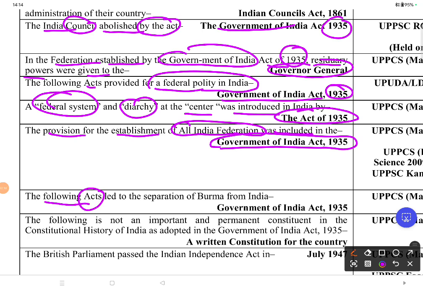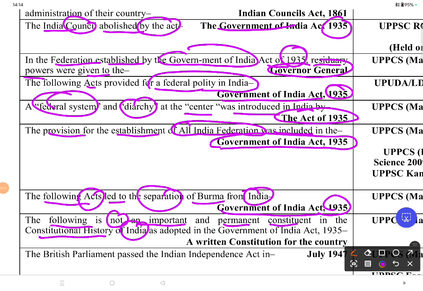The following acts led to the separation of Burma from India, that is Government of India Act 1935. The following is not an important and permanent constituent in the constitutional history of India as adopted in the Government of India Act 1935, that is a written constitution for the country.